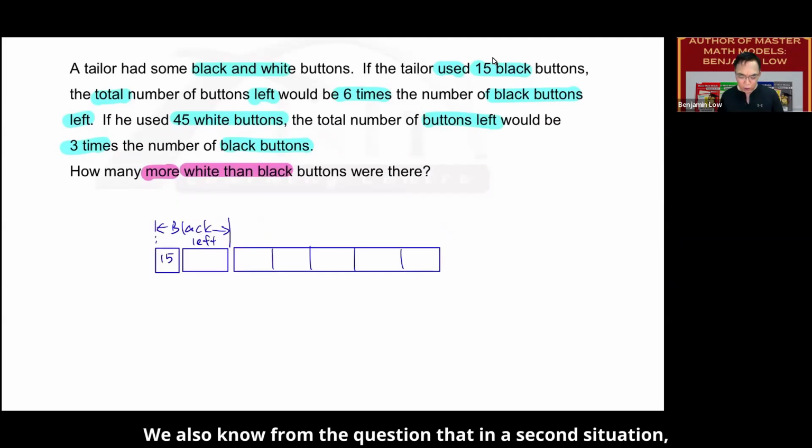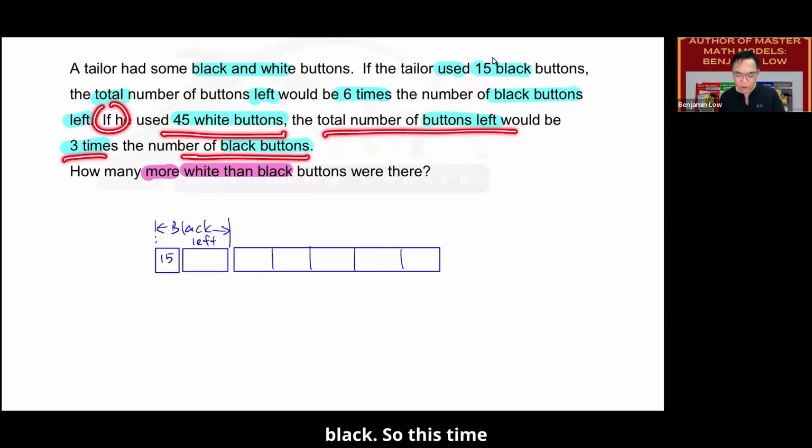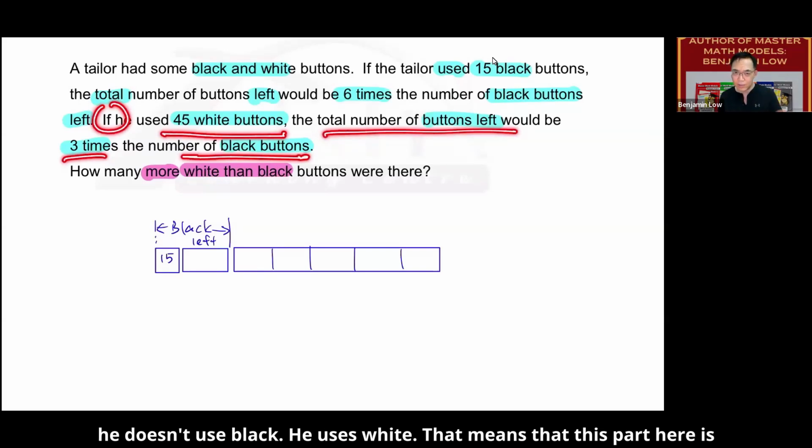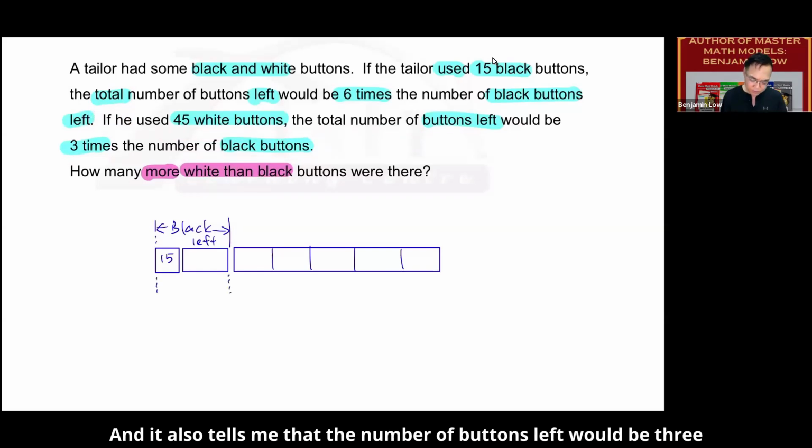Okay. We also know from the question that in the second situation, if he used 45 white buttons, the total left would be 3 times of the black. So this time he doesn't use black. He uses white. That means that this part here is not used.